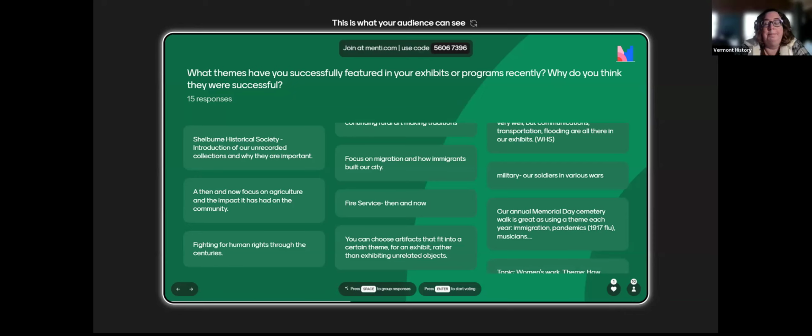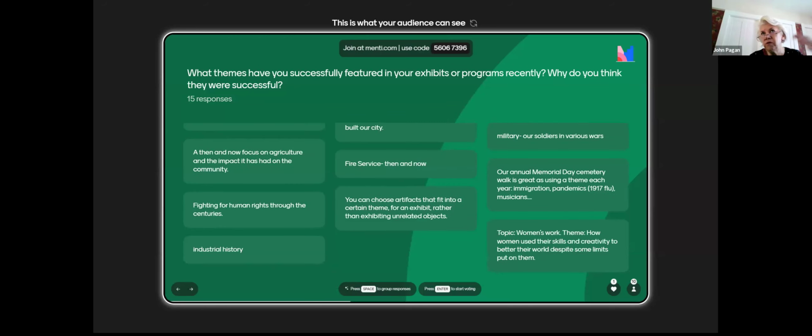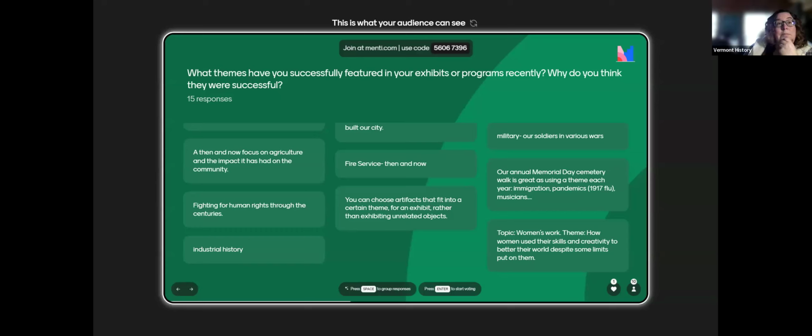How about this idea: anytime we can introduce continuity and yet change over time. For example, the quilt making. To me, that's a good example of taking a topic and looking at it as a form of something that continues in our culture and yet changes over time too.